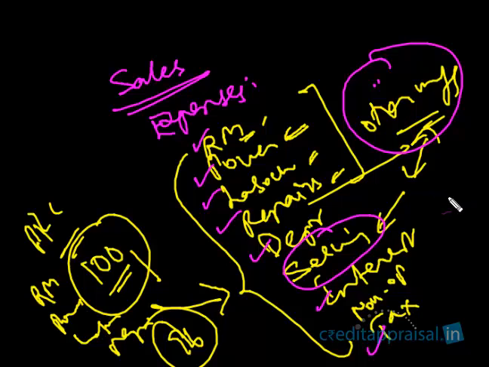Any direct expense which is not appearing under raw material, power, labor, repairs, depreciation will be placed under other manufacturing expense. The leftover items will be placed under selling and general expense. All general administrative expenses which cannot be classified under any head, including other manufacturing expenses, will be placed under selling and general expenses. So in this section we'll be discussing other manufacturing expenses.